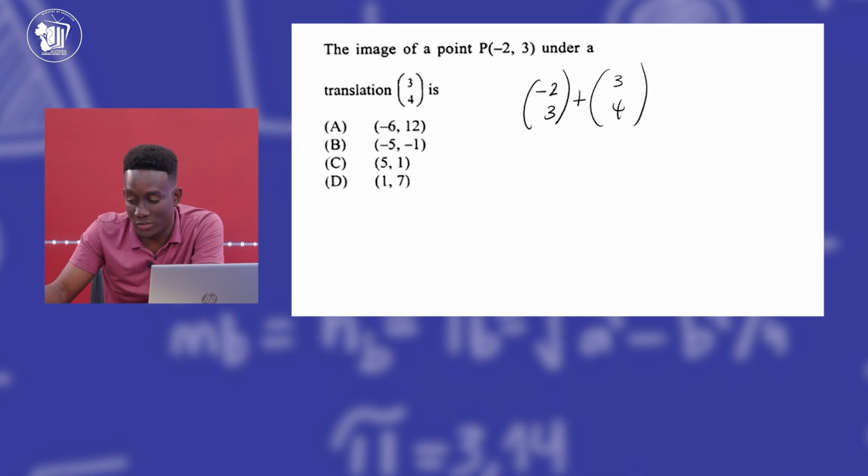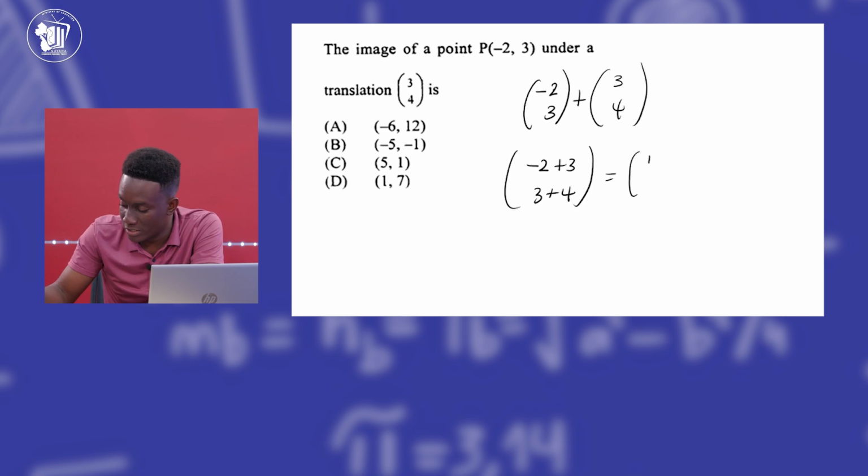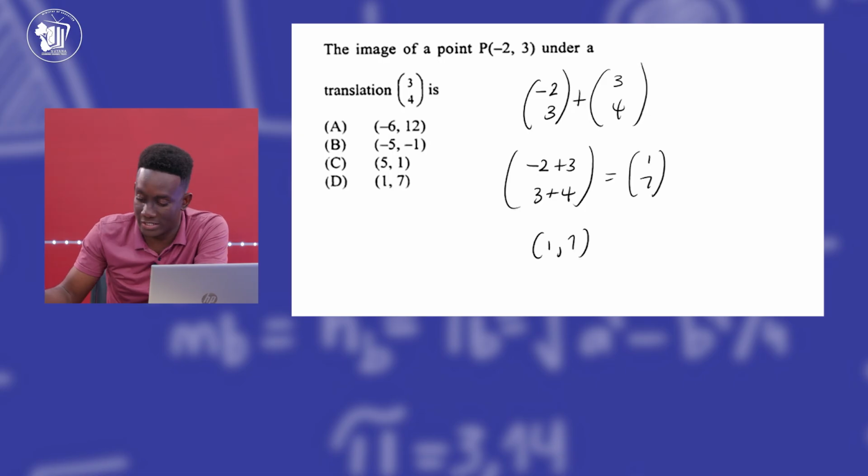And when we add this, this will give us the image. So we have negative 2 plus 3, and we have 3 plus 4. So negative 2 plus 3 would give us a positive 1, and 3 plus 4 gives us 7. So the image would be, you can write this in coordinate form, 1, 7, which is D.